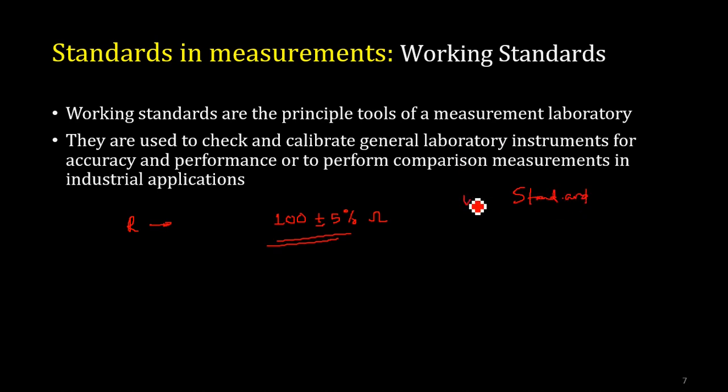This particular standard is known as the working standard, the standard resistor. The resistor that is being manufactured will be compared against this standard that is available at that industry. If the value falls within this particular range, you can say that the resistor being manufactured has crossed the quality check and is ready to be supplied. That's how this process works.